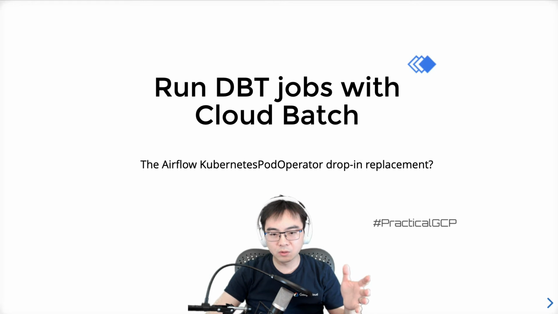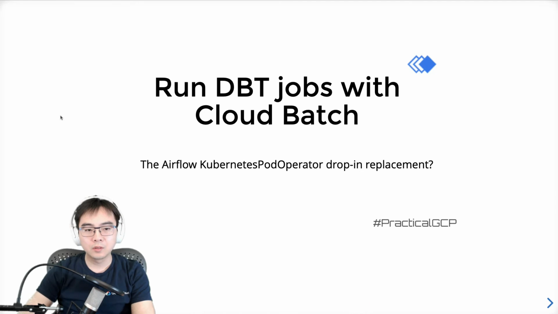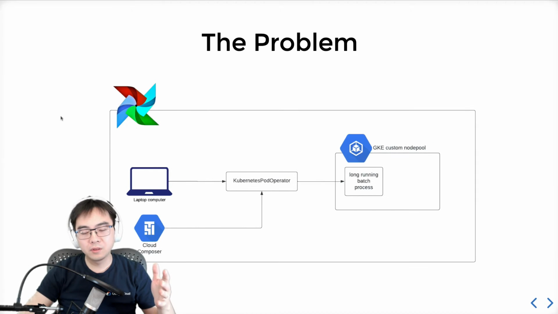I'll explain in a second why I have been thinking like this and why this is important. So if you consider this as an example, I'll explain where the problem is in a second. Consider you're running a workload, whether that's a DBT workload or any other batch workload that requires custom packages to be installed on Python, or maybe other binaries that you need to install.